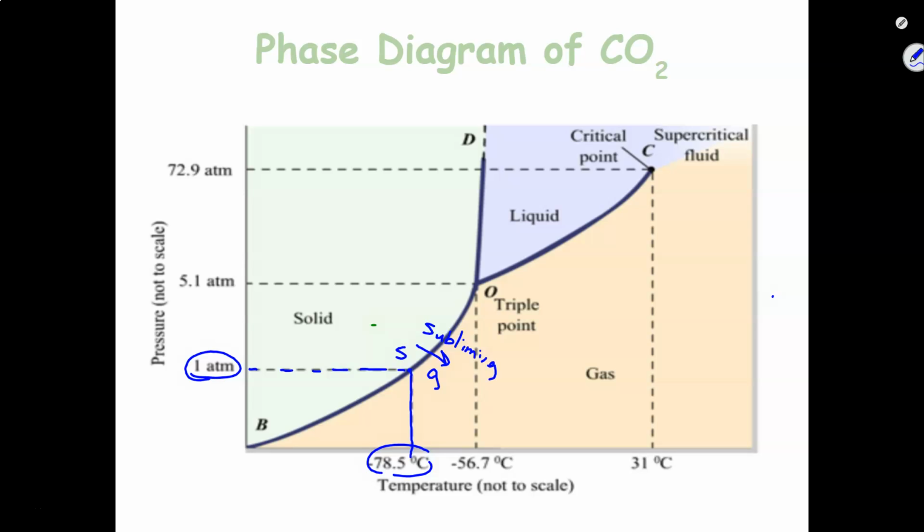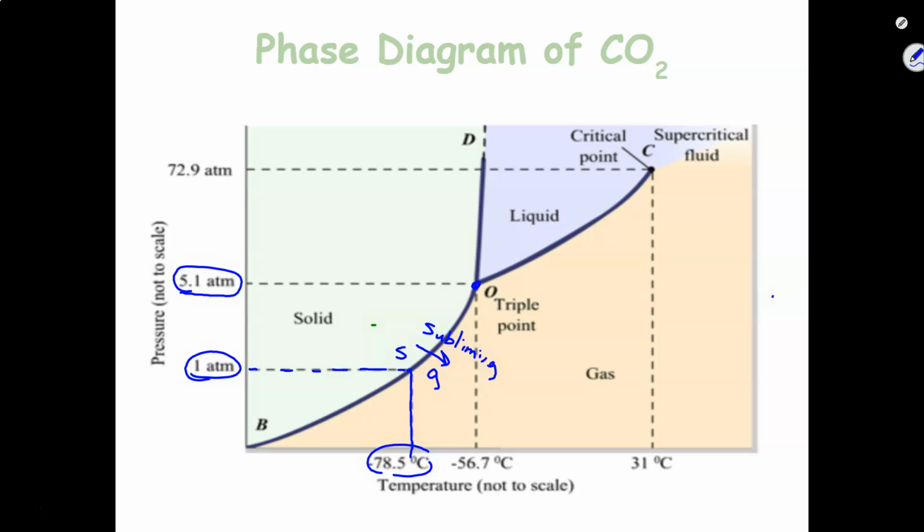Now, if you change the pressure up to 5 atmospheres, so that's a lot of pressure, that'd be 5 times what the atmosphere is. Those conditions aren't normally seen. You could produce that in a lab, but it's not very common. You would get to this point right here, and this would be that triple point again, where dry ice could be a liquid, a gas, and a solid. Now, I've never seen it as a liquid, but it's possible to do that if you increase the pressure by a large amount.